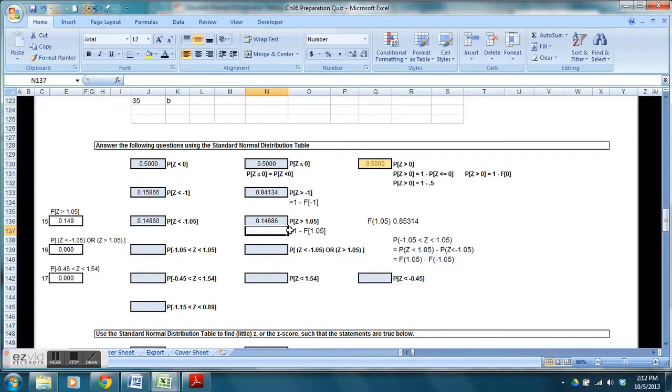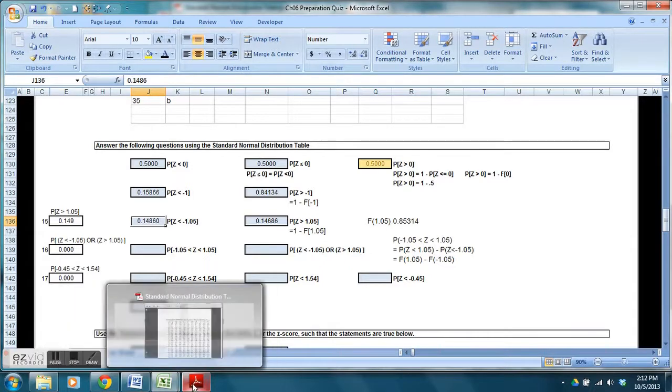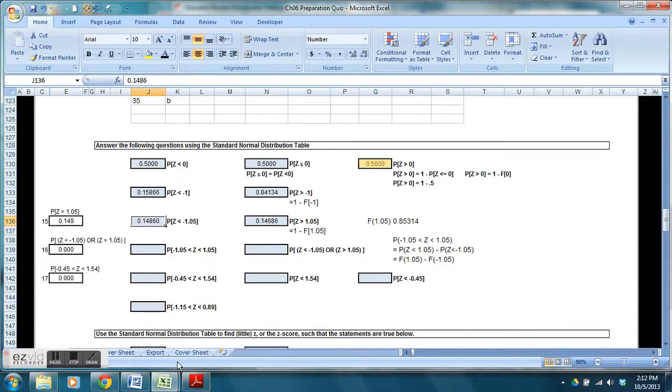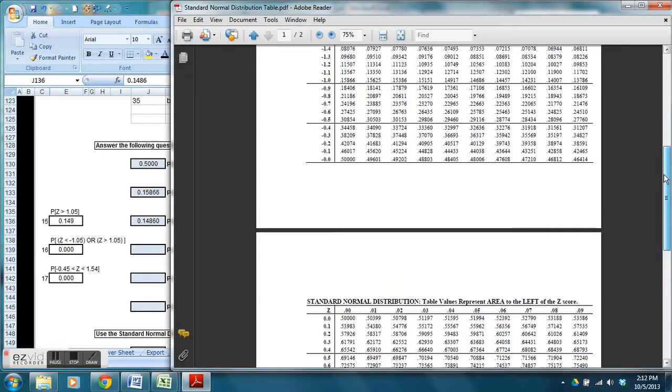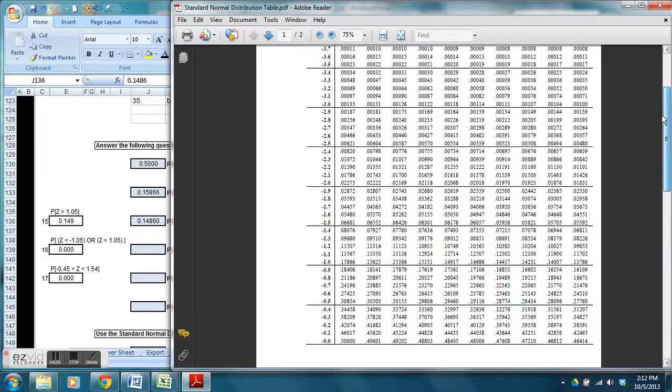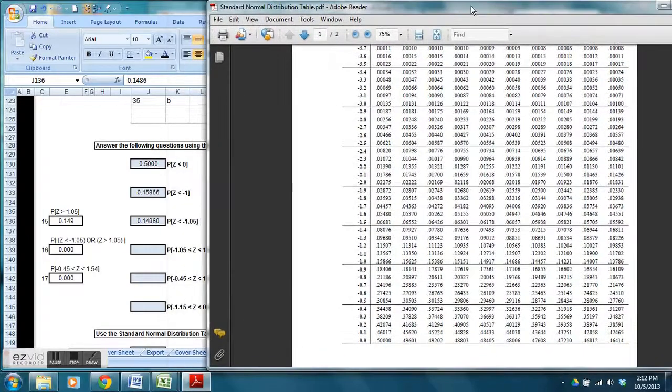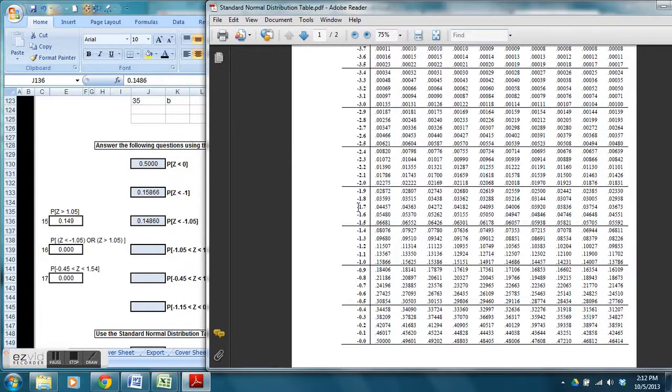0.14686, and I'm guessing I bet I forgot this one. I missed the middle one. Let's look that up again. Gotta be careful on these tables. Negative 1.05. Negative 1.0, right there.